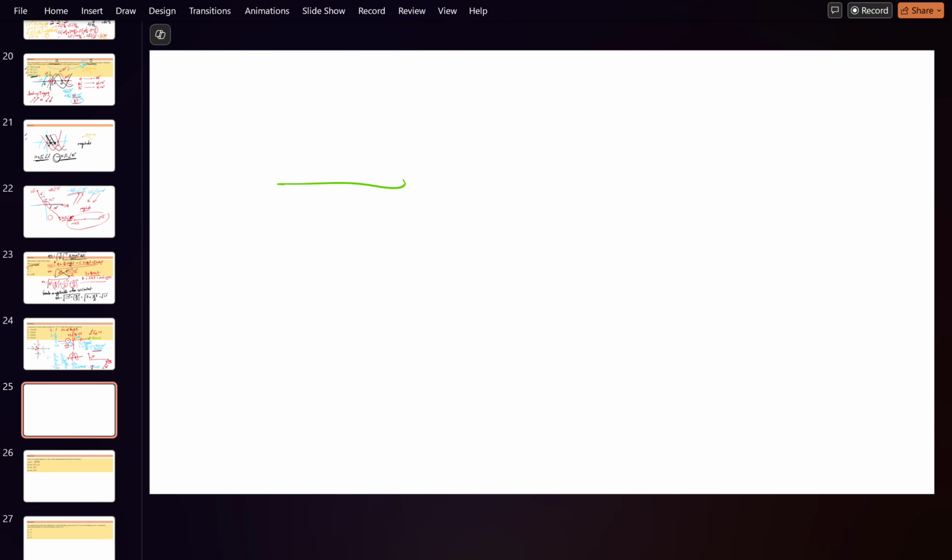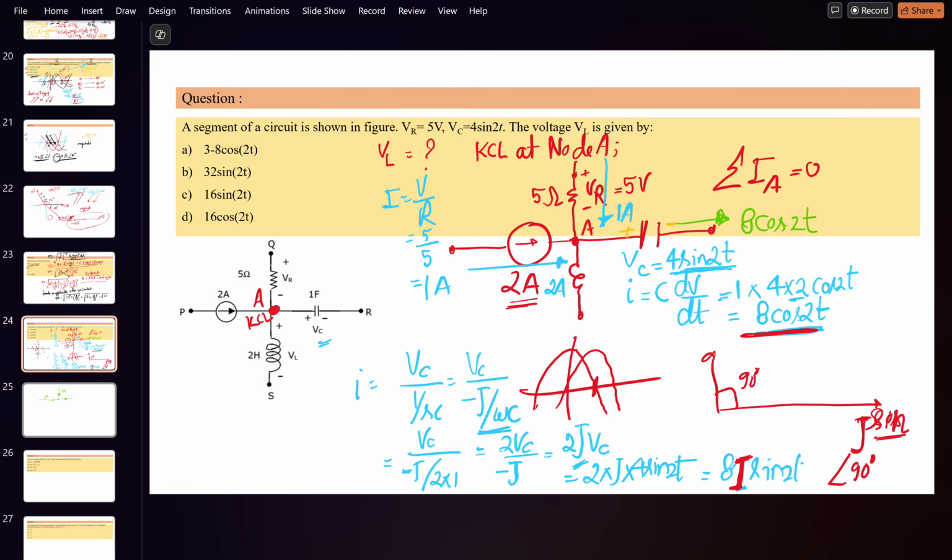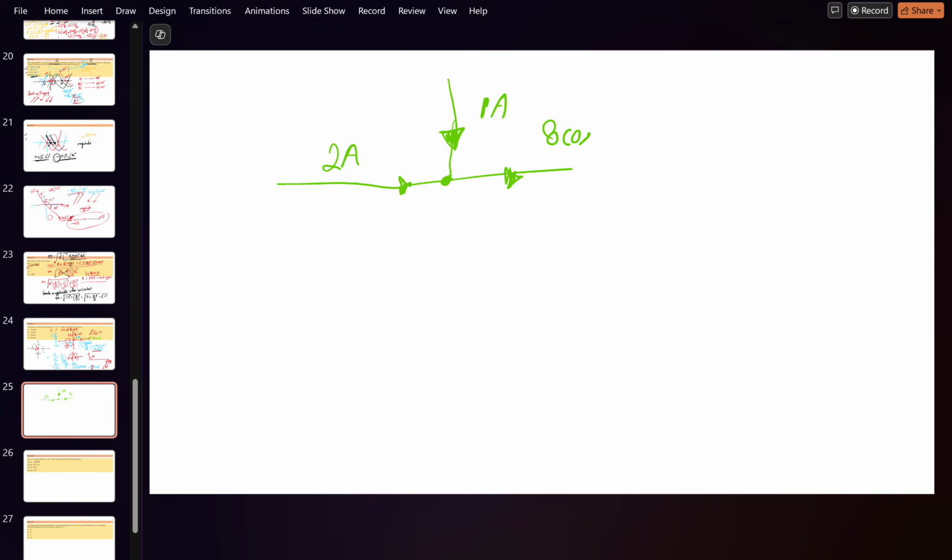From here 2 amps is coming at this node, and one current is coming from the above side with value 1 amp. The current going out of the network came out to be 8 cos 2t. Now you have to find the current I here.